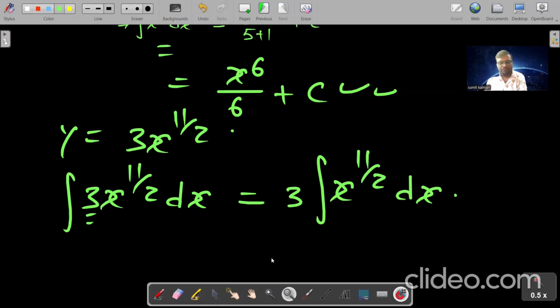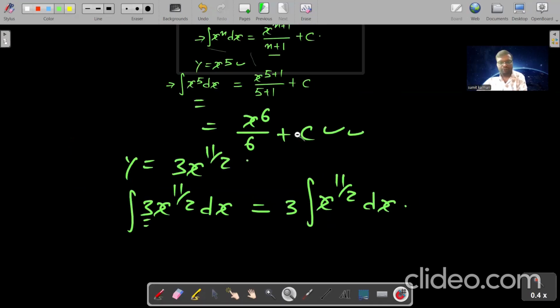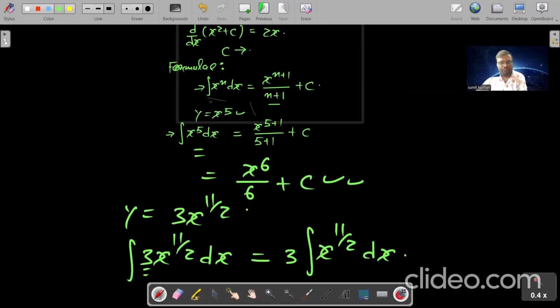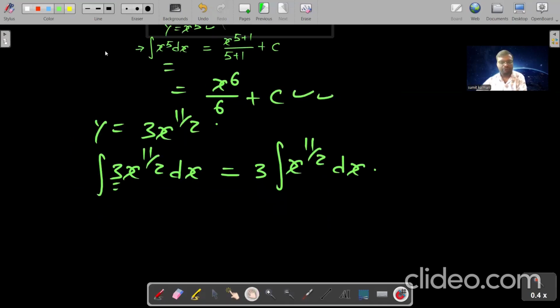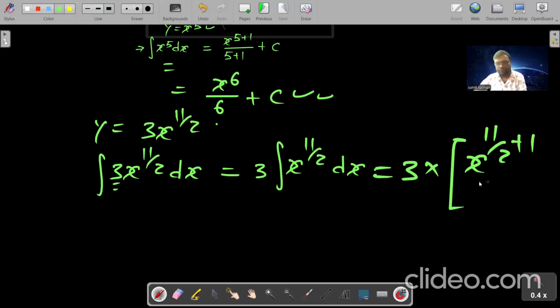Now students, we will use this power formula again: x to the power n dx is equal to x to the power n plus 1 upon n plus 1. So here write 3 as it is, and x to the power n is 11 by 2, so n plus 1 is 11 by 2 plus 1, upon 11 by 2 plus 1 in the denominator.